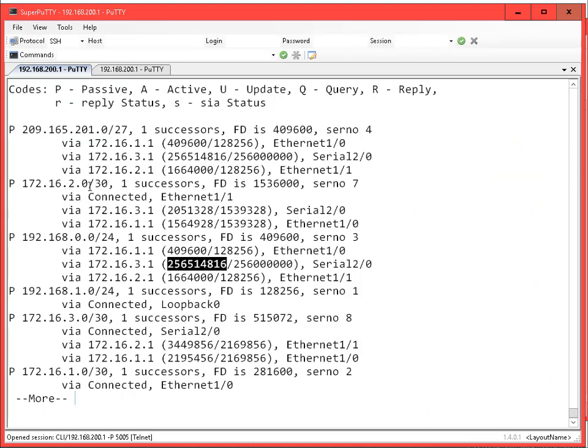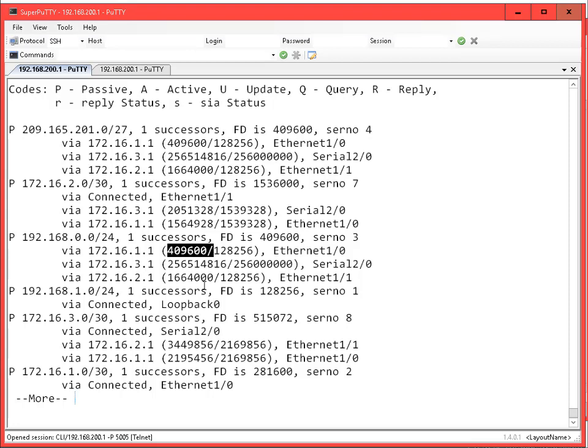What is the reported distance for the 192.168.0.0 network from router 2, or over the 2 link, the 2 subnet? It's the second number. This is the value. This number here has to be less than this number for it to meet the feasibility condition.